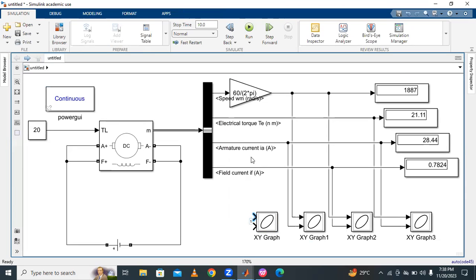The x-axis should be torque and the y-axis should be speed. I am changing the settings like this. Then simulate again, with y-axis speed and x-axis torque. Then open the XY graph, and the speed torque characteristics will be displayed.